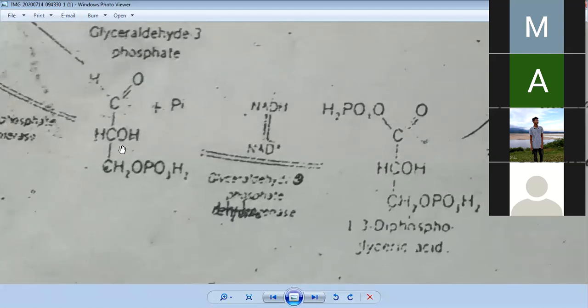In this reaction, glycerol 3-phosphate will be converted into 1,3-diphosphoglyceric acid, and here NAD will be converted into NADH. What do you think the name of the enzyme? Dehydrogenase. Yes.